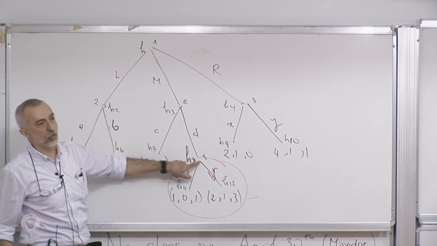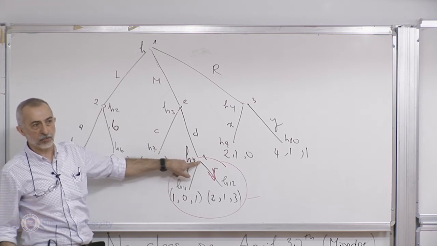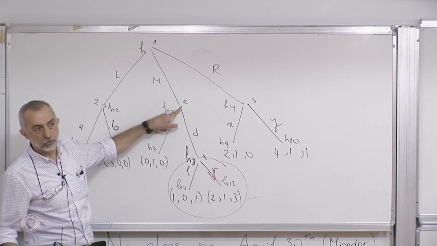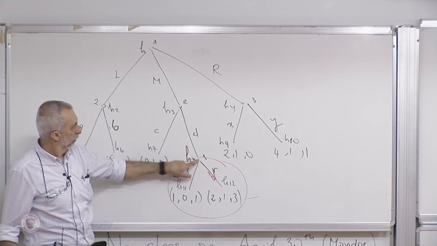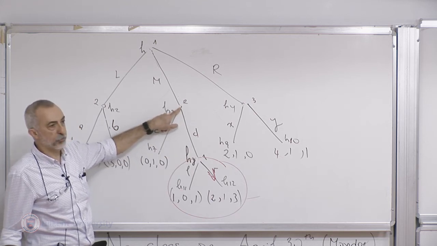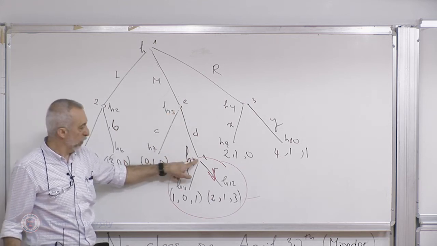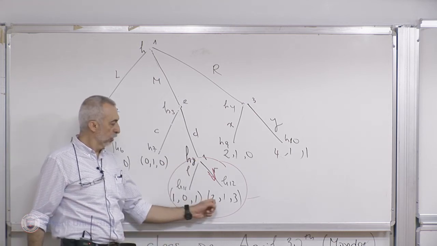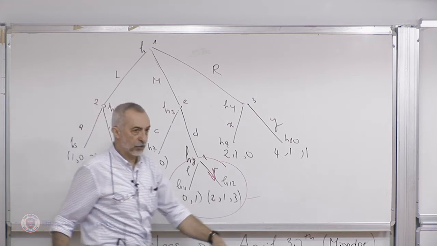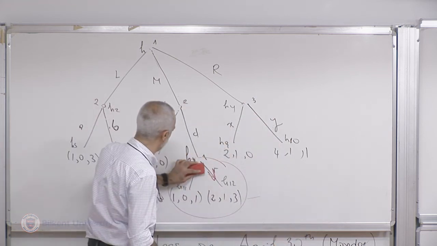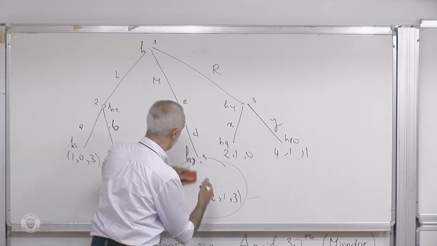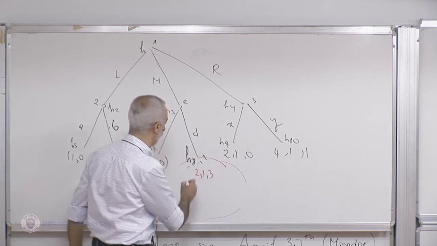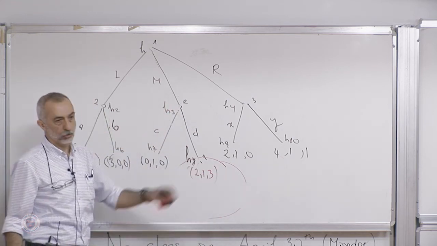But once we know, and as players, they can do the same calculation that we do. Player 2 will know that if he plays D, player 1 is going to play R, hence the resulting payoff profile is going to be 2, 1, 3. So actually, I can erase this part of the game and just keep the profile, the numeric representation, 2, 1, 3.